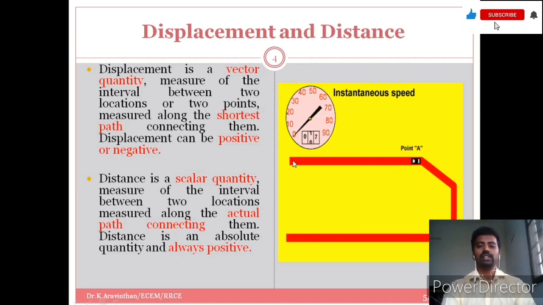So the distance travelled by the car is being considered. This is known as distance, the actual path, and it is always positive. Whenever an object is moving, it will always have a positive aspect towards the motion. So this is always absolute and positive.